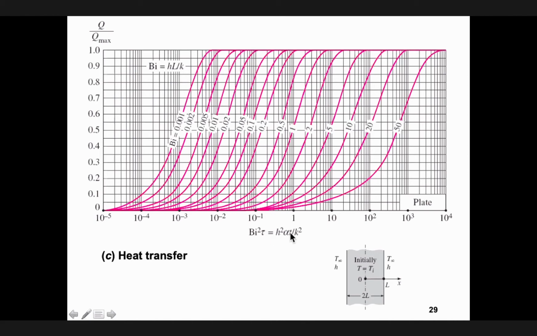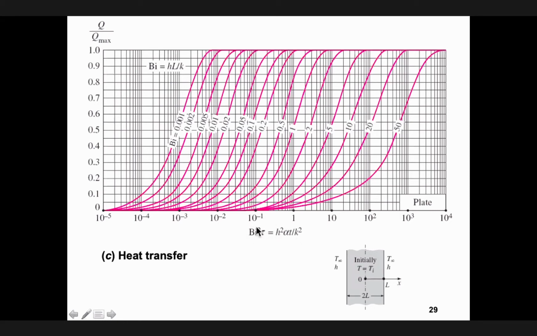This represents, for example, in 10 minutes, how much energy has been transferred. This t is 10 minutes. So Bi squared tau is equal to the x. You replace here for the Biot number, they put the value of k, of length, and so on. They put the value for tau, and that becomes simplified to this equation.